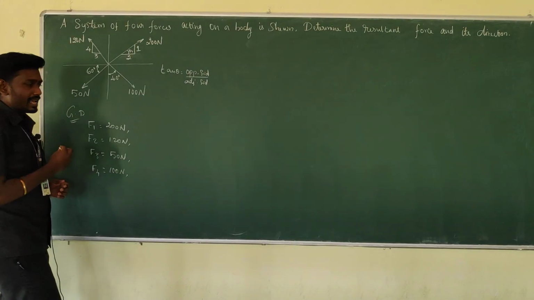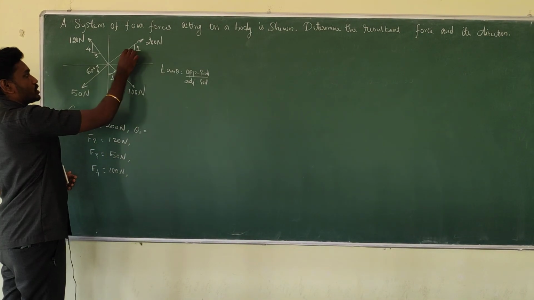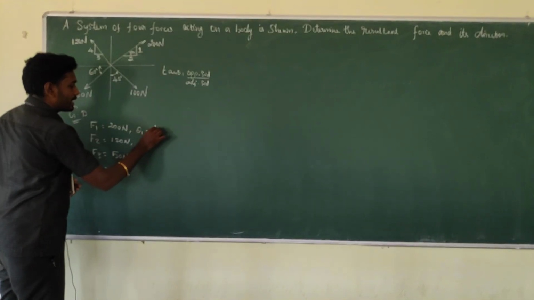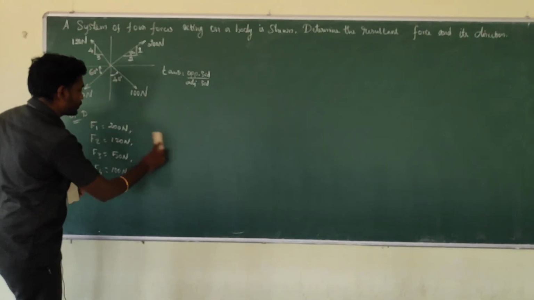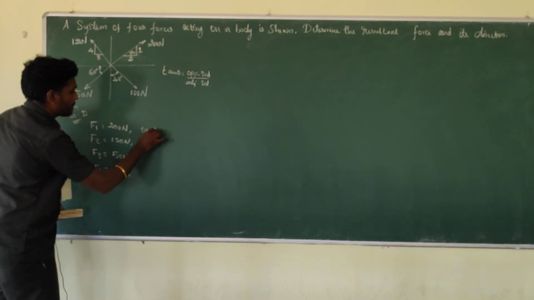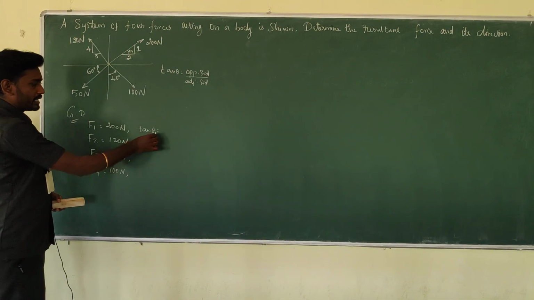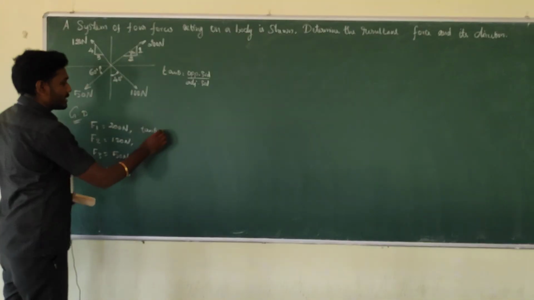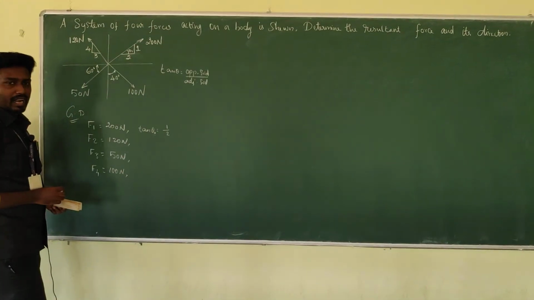With the help of that, I am going to take theta 1. Tan theta is equal to 1 divided by 2, opposite side by adjacent side.